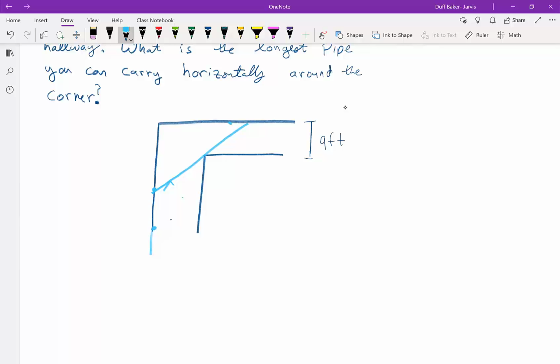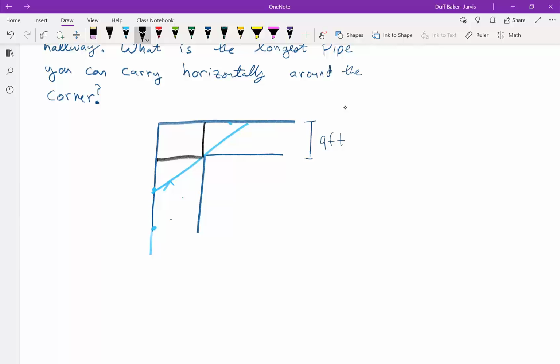And so then what you would do is you would draw little triangles here. So let's not make that blue. We want to figure out what angle makes this blue line the shortest, because that will be exactly the length of the longest pipe that makes it all the way through.